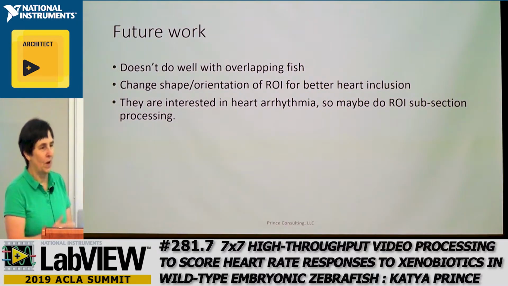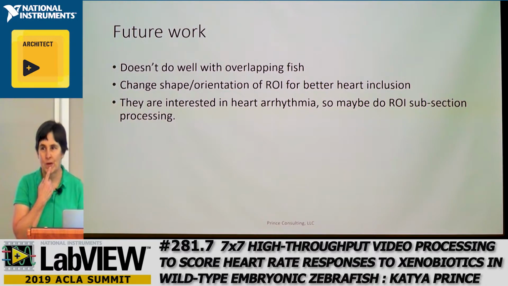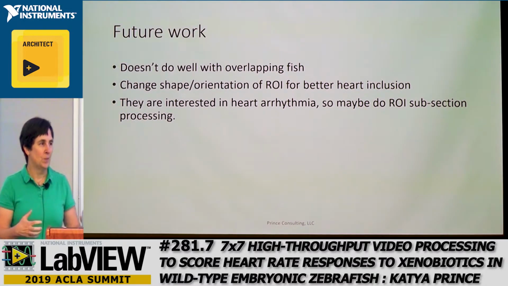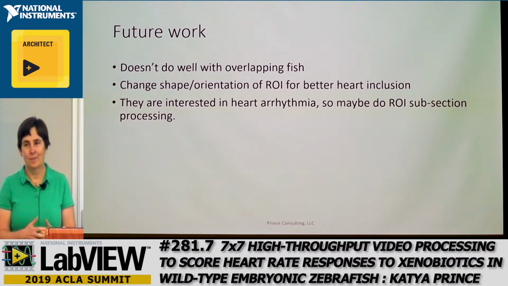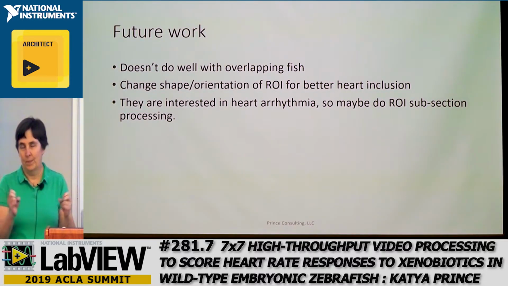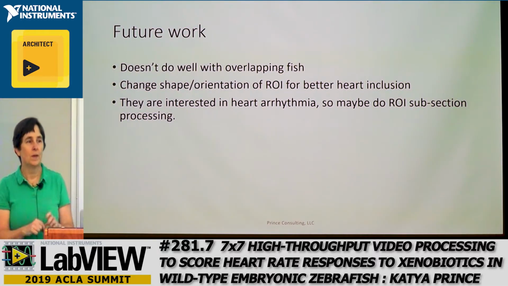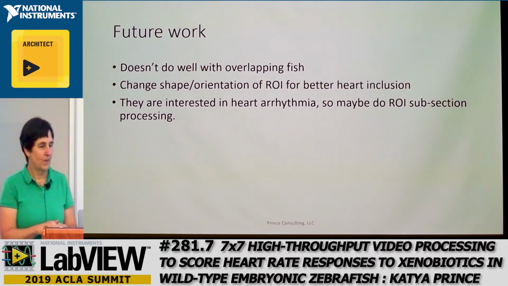And future work. One of the things too, when you did this the first time, Rev 1.0, the system caught about 77 to 80% of the fish that they called measurable or imageable fish. And I think that was mostly because of fish that were overlapping. The system didn't work well for that.